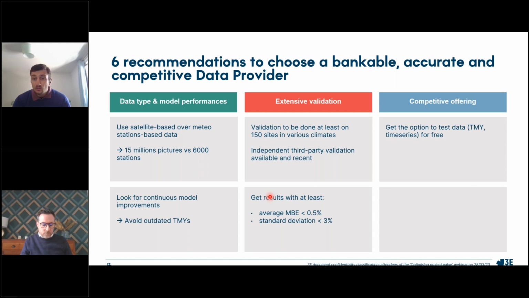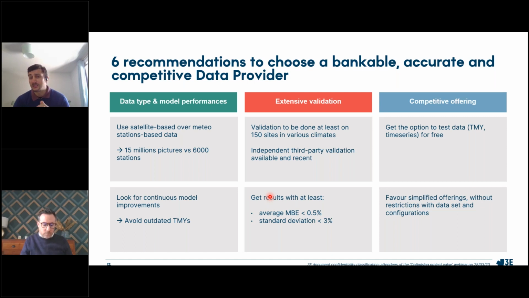So please try the data for free from many different databases. Compare them against pyranometer values that you have. Clean data, quality check data, but you can compare them and do your own benchmarking and build your own experience and confidence in a specific database.